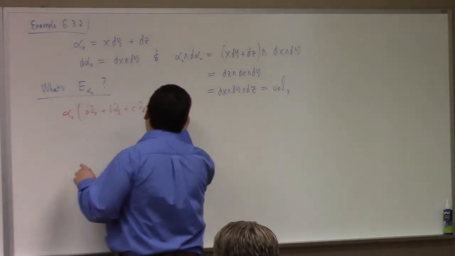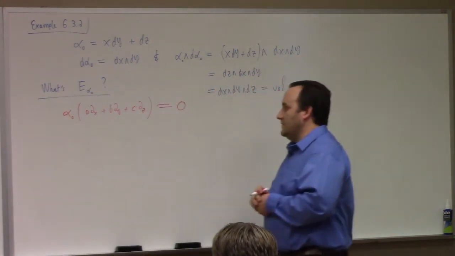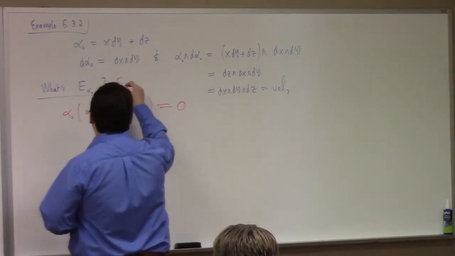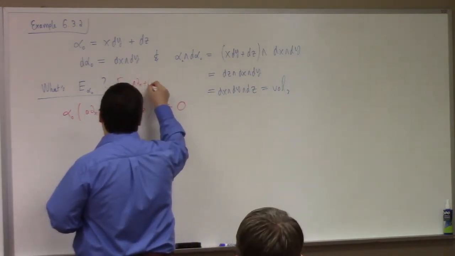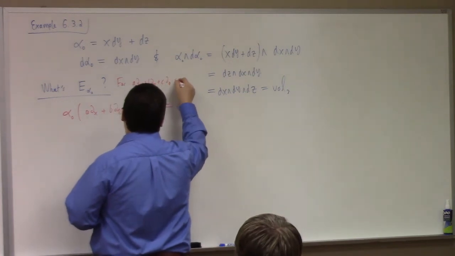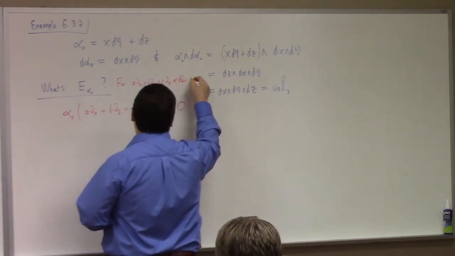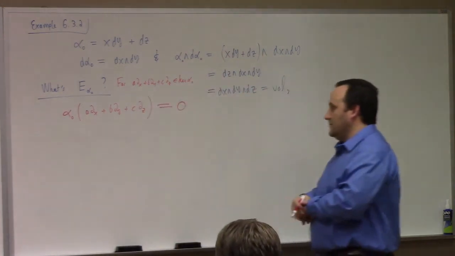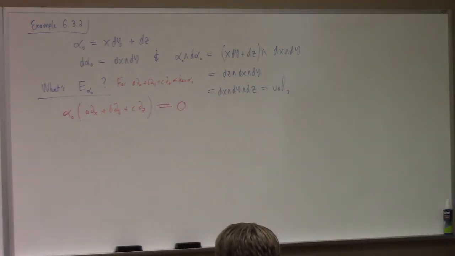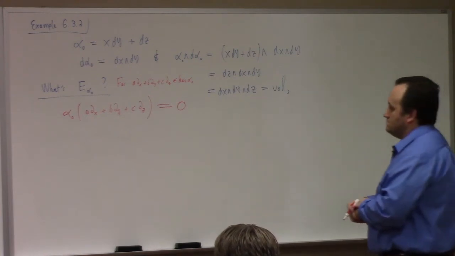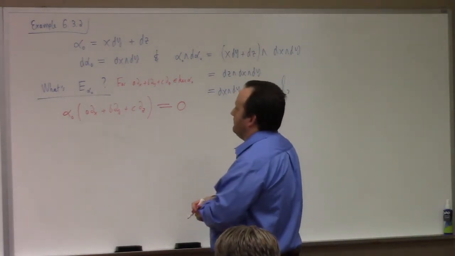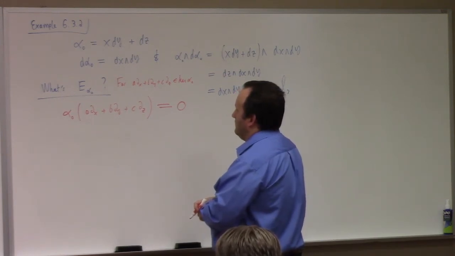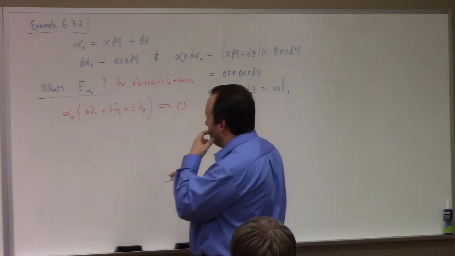We want that to be in the kernel of alpha naught. What is that, though? It's xB.